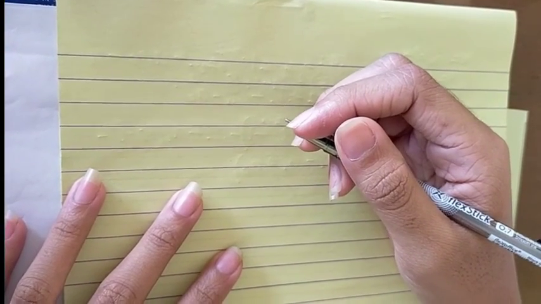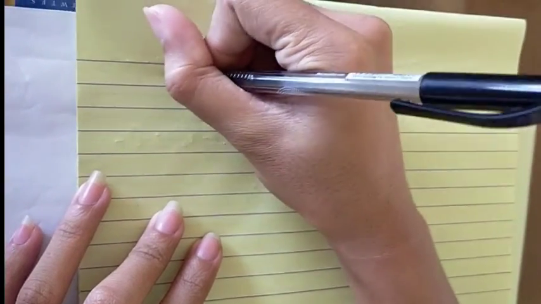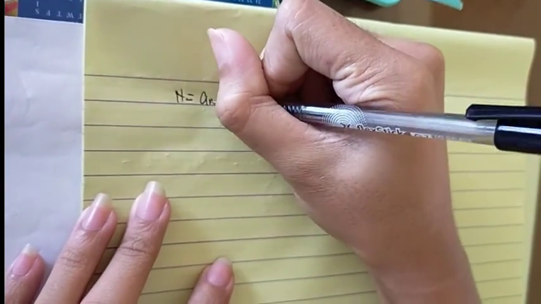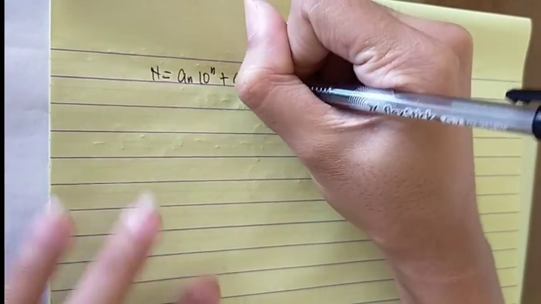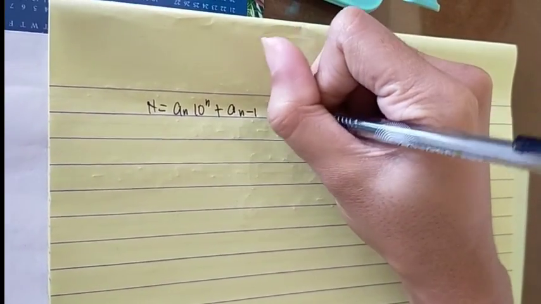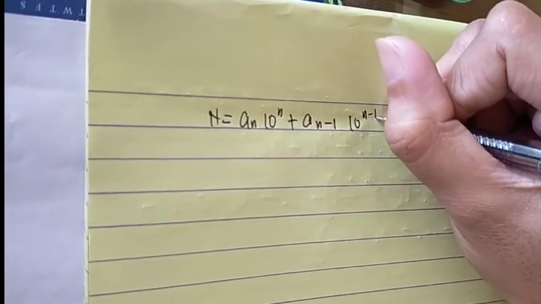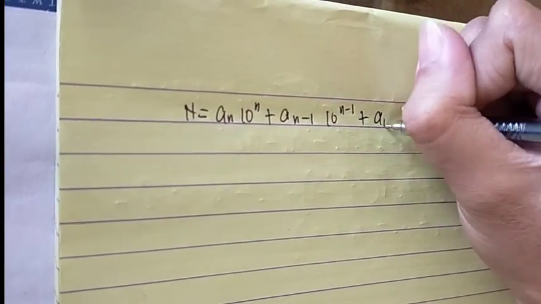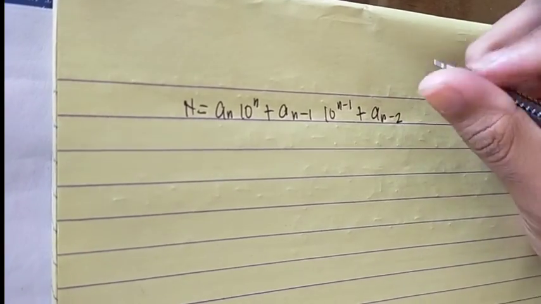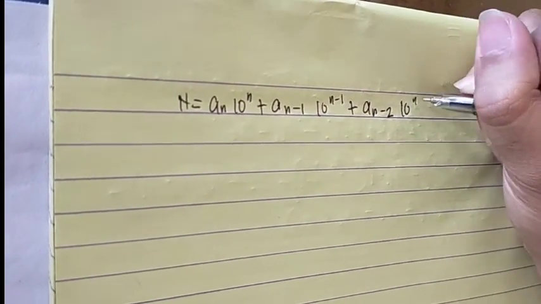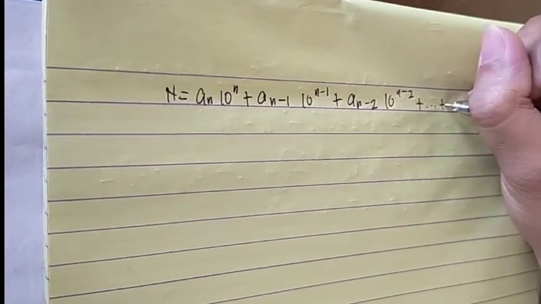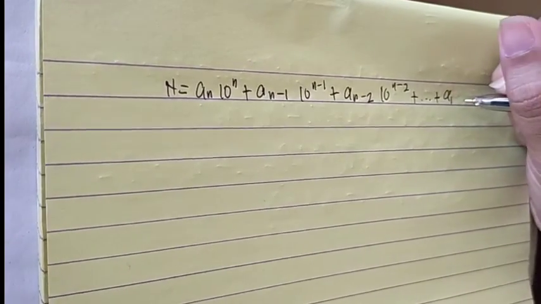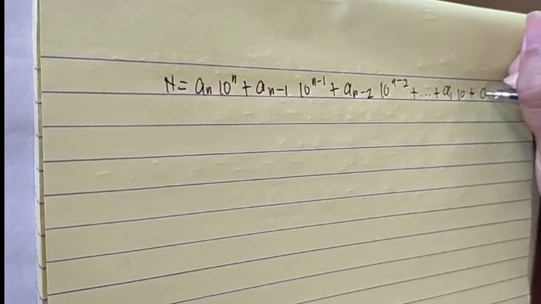We have the original number such that N equals a sub n times 10 raised to n, plus a sub n minus 1 times 10 raised to n minus 1, plus a sub n minus 2 times 10 raised to n minus 2, plus ..., plus a sub 1 times 10, plus a sub 0.